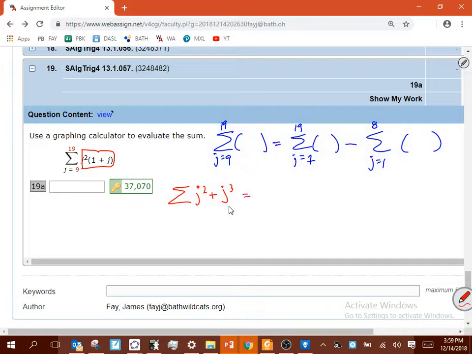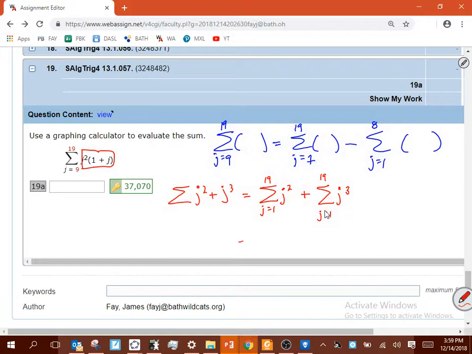What we talked about with our property is that this is the sum of J squared plus the sum of J cubed. Now, this would be J from 1 to 19 for the J squared, and J from 1 to 19 for the J cubed.